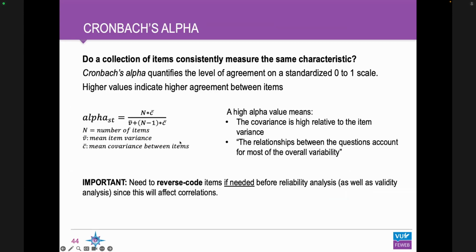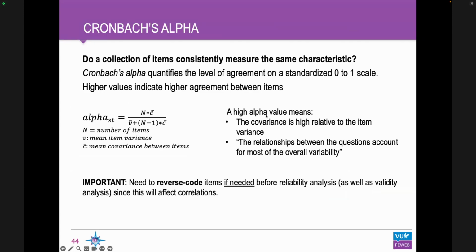You can see the formula here. You have the number of items. This is a general criticism about alpha: if you increase the number of items, alpha will always increase. But it's also related to variance and covariance between the items. We will not do a hand calculation of alpha in the course. You will just use one function in R.